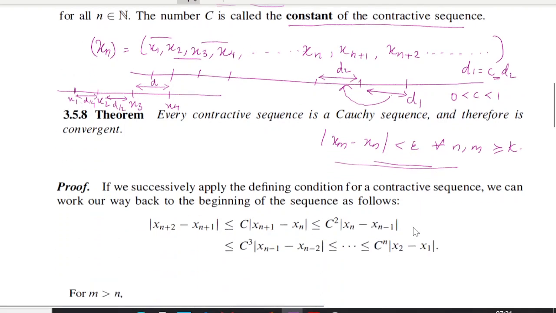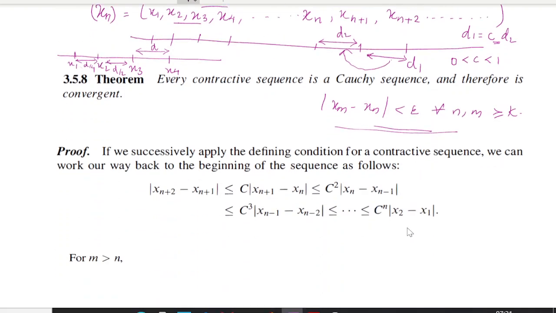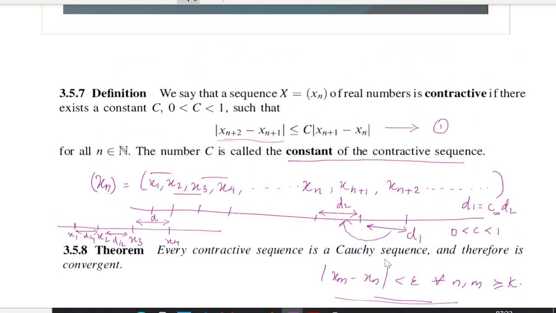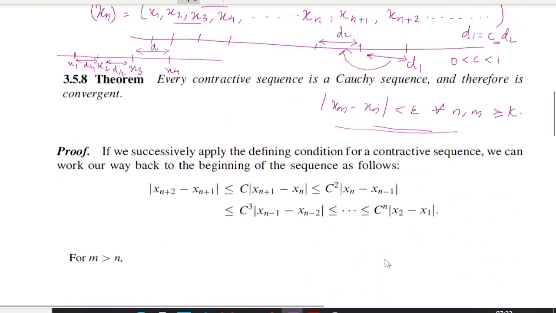First of all, we have a contractive sequence, so I can go on applying this condition.